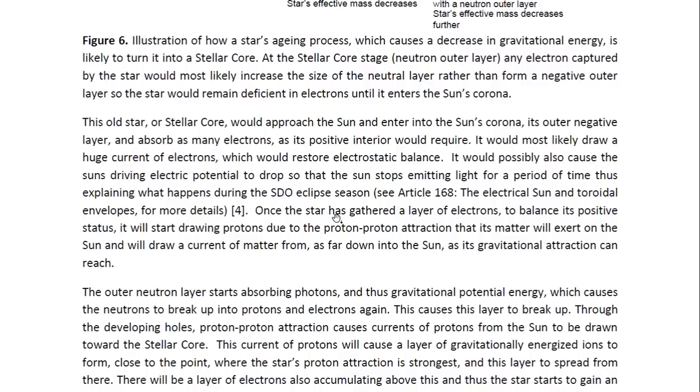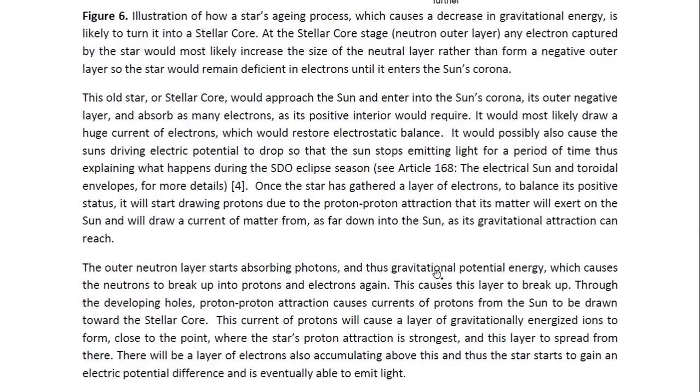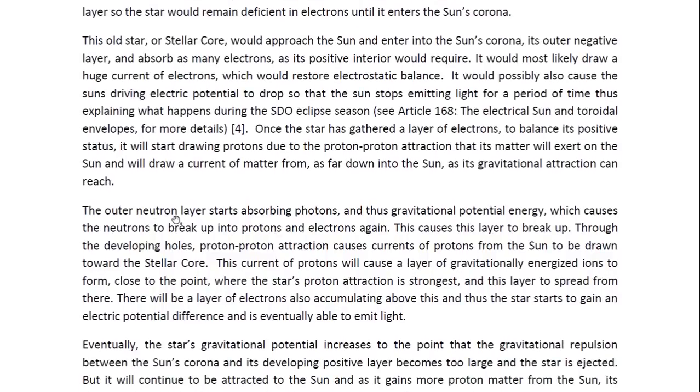Now, once the star has gathered a layer of electrons to balance its positive status, it will start drawing protons due to the proton-proton attraction that its matter will exert on the sun, and will draw a current of matter from as far down into the sun as its gravitational attraction can reach. The outer neutron layer starts absorbing photons and thus gravitational potential energy, which causes the neutrons to break up into protons and electrons again.